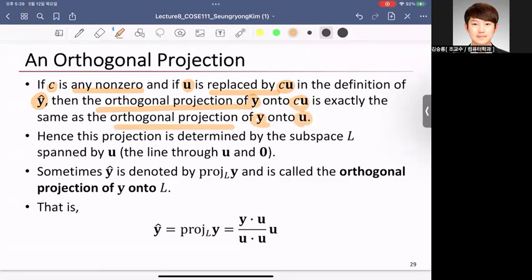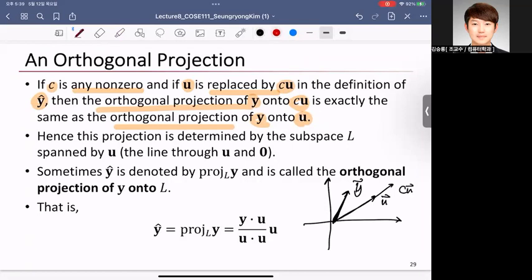Then it means that if let's say here is our coordinate and here is the vector y, and here is the vector u. Then if we consider another vector, let's say cu, the projection will be exactly the same.